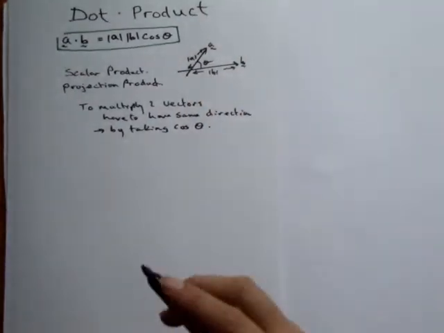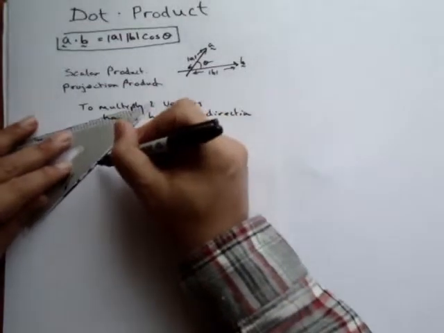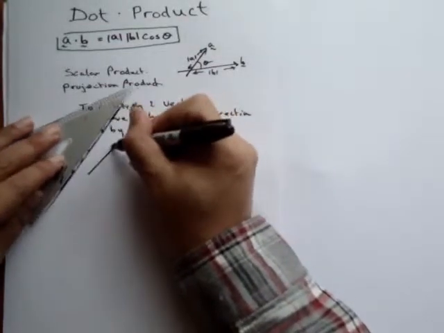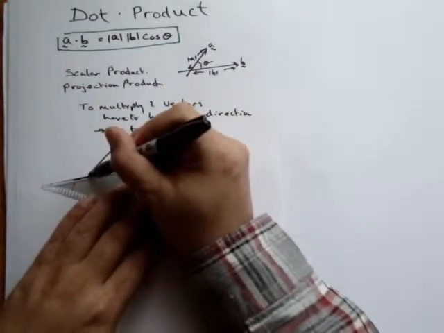So if we have our vector A, let's draw that here, and our vector B, say over here.